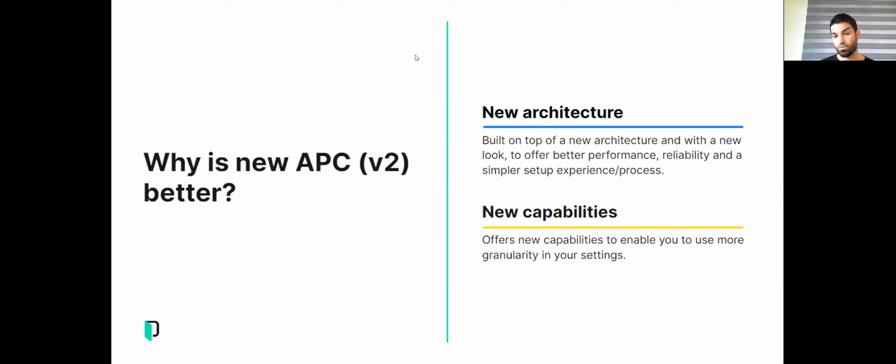The new APC is built on top of a new architecture and with a new look, new design to offer you better performance and reliability, and also a simpler setup experience. And it's also better because it offers new capabilities to enable you to use more granularity in your settings, granularity in the way you can set APC up.